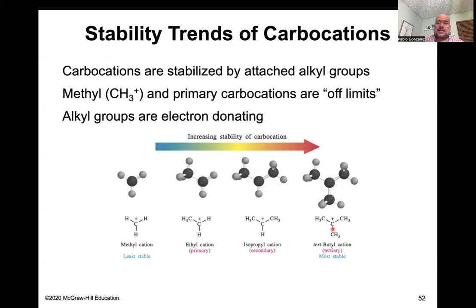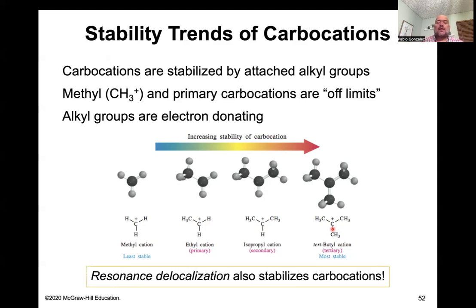And that stability is going to increase with the number of alkyl substituents. Also, another thing that can stabilize those carbocations is resonance delocalization. We're going to see that a little bit later, but it is a really important factor that could stabilize these carbocations.